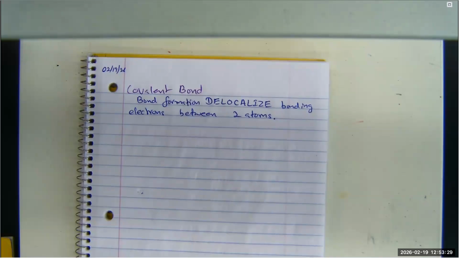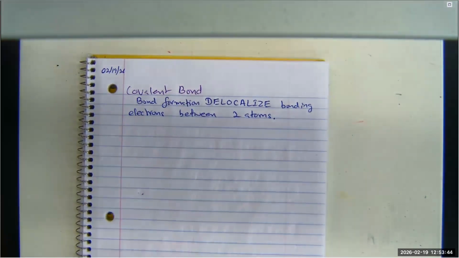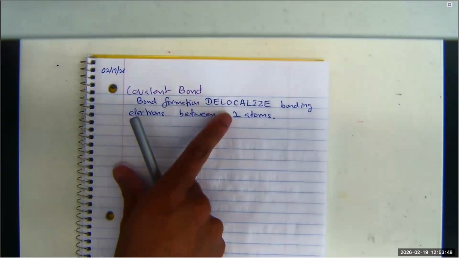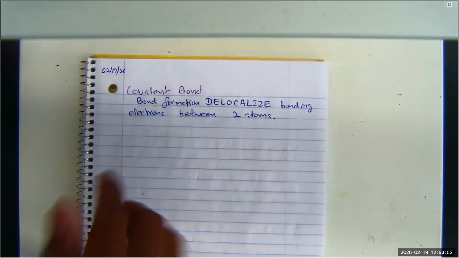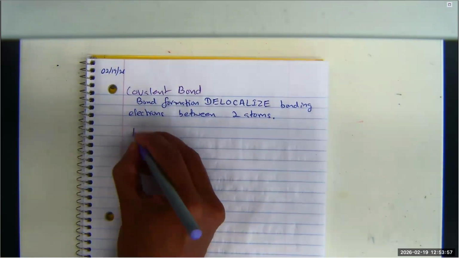Okay. Now, I want you to think back to what we know about the electrons. These electrons have more space to move around now. What I want you to do is on your whiteboards, tell me, as a result of this covalent bond formation, as a result of this delocalization of electrons between two atoms, what happens to the kinetic energy?